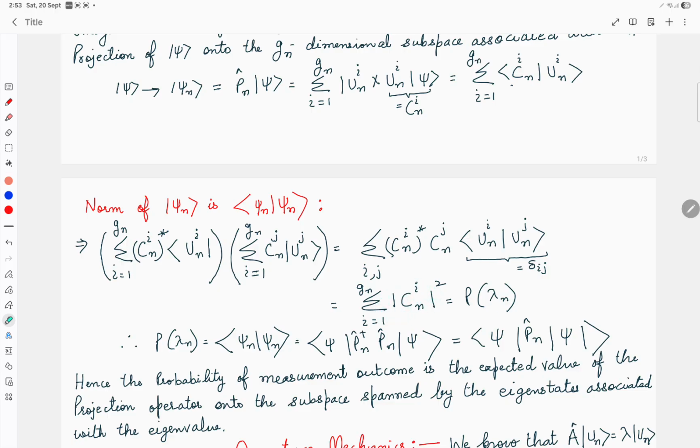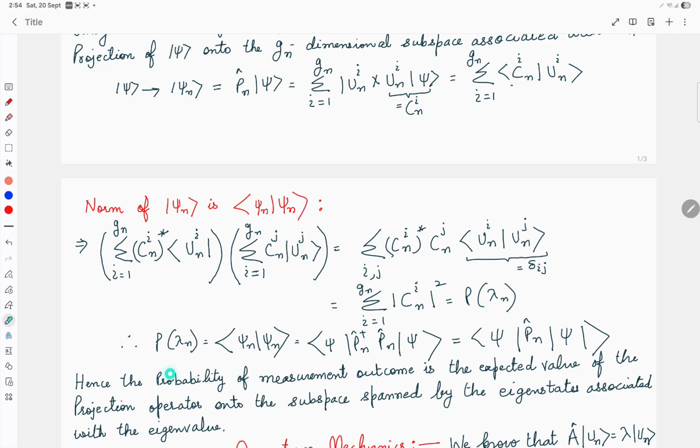That means the probability of that particular eigenvalue will be given by the summation of all the squared magnitudes of the coefficients. Which coefficients? Those for the eigenvectors for which the eigenvalue is the same. So that's the probability of this eigenvalue.